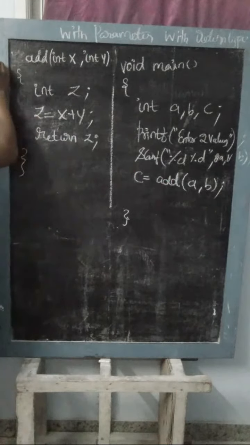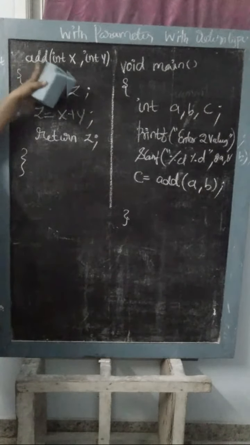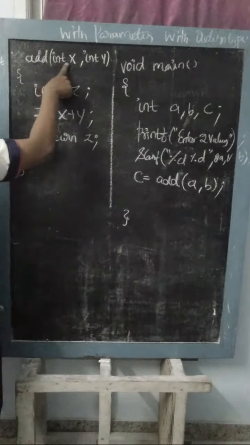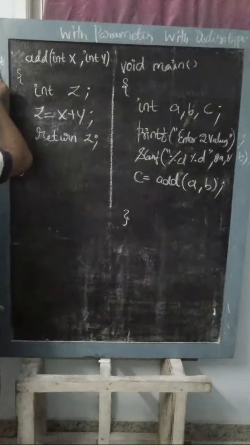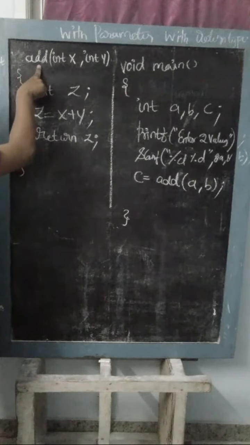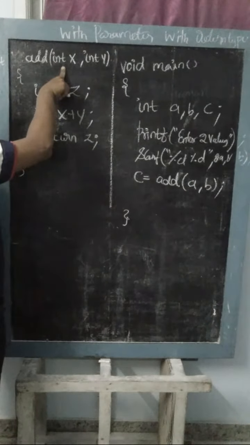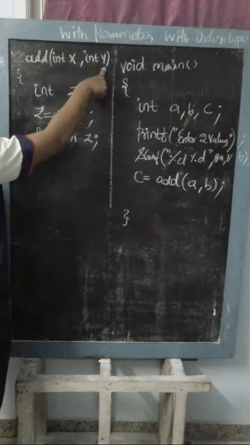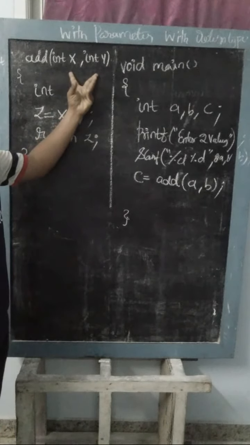We write it like that, with a space: int space add open bracket int space x comma int space y close. So int is the return type and add is the function name, and here int x is argument 1, comma int y is argument 2. How many arguments are there? There are 2 arguments, that is, 2 parameters.